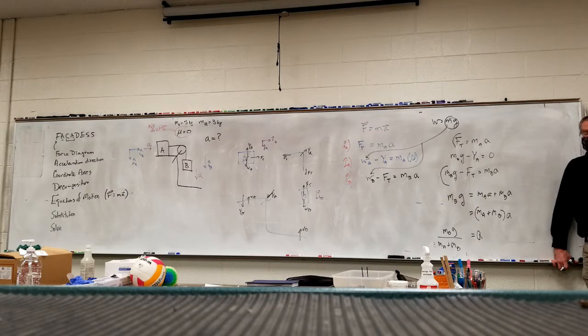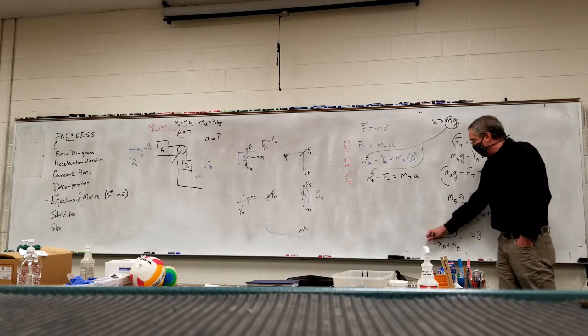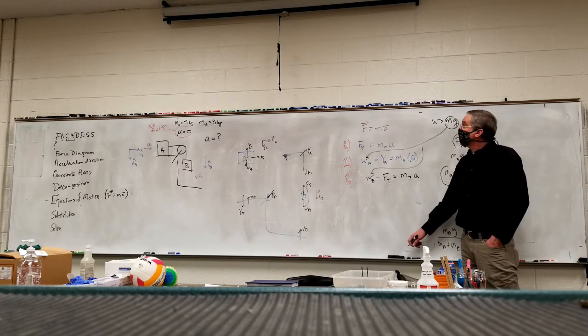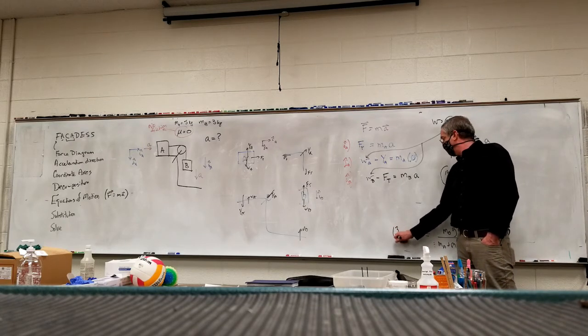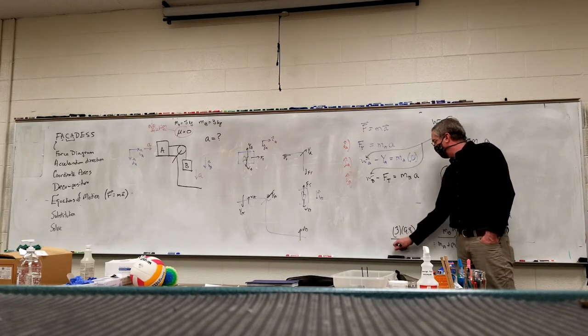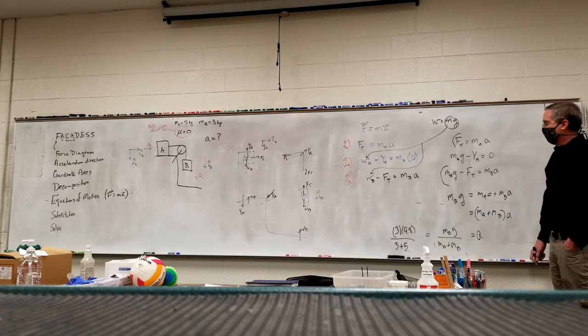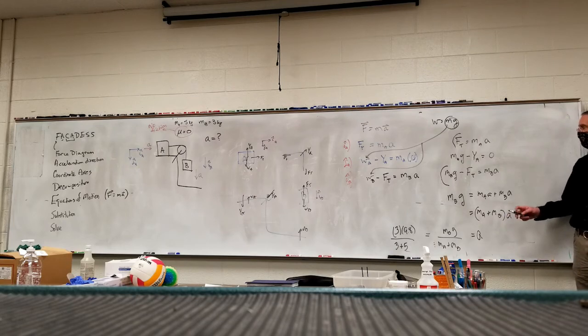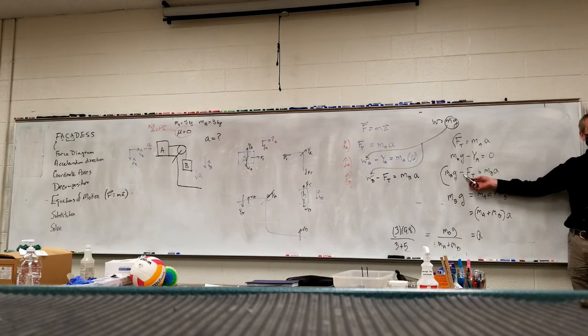And then to actually solve the problem, let's assume it takes place on Earth. So we have 3 times 9.8 divided by 3 plus 5. No negative sign? Is it because we defined positive down? No, the negative's already been taken into account here.